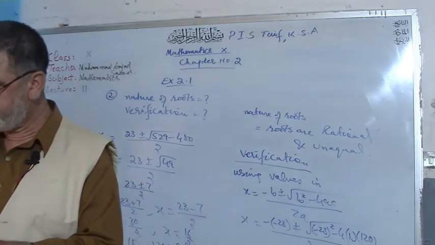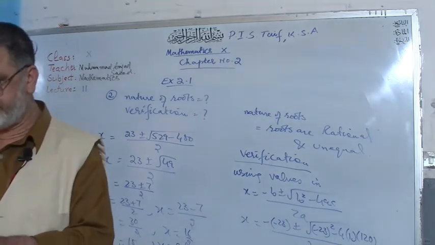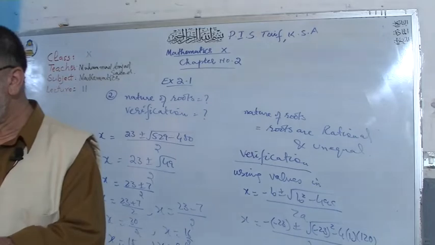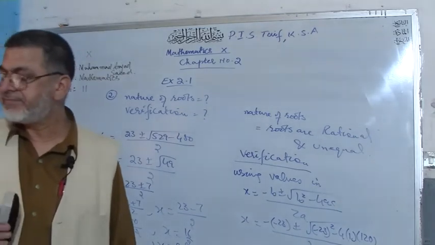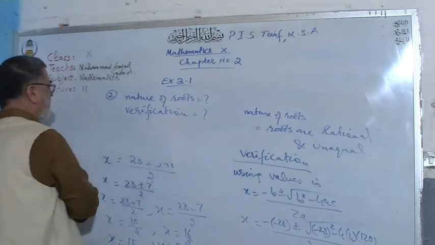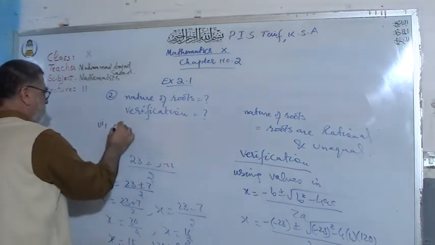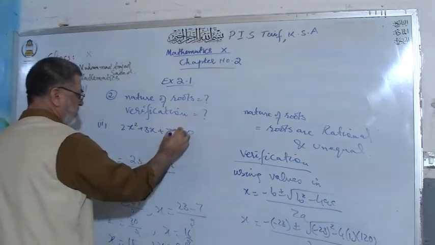After that, we have part number 2: 2x square plus 3x plus 7 is equal to 0.